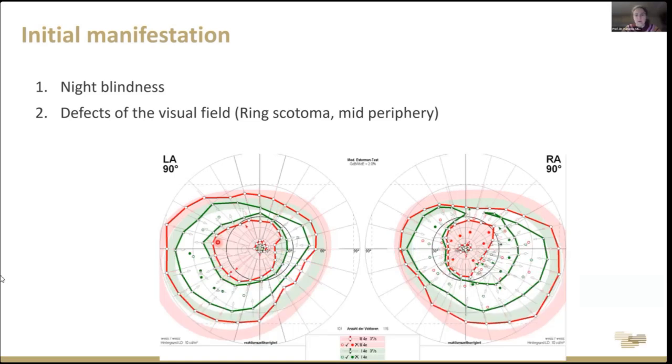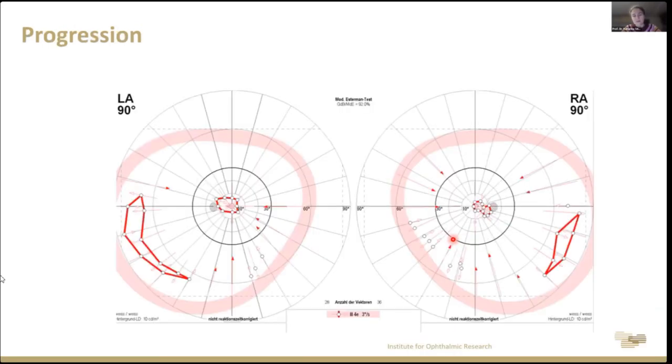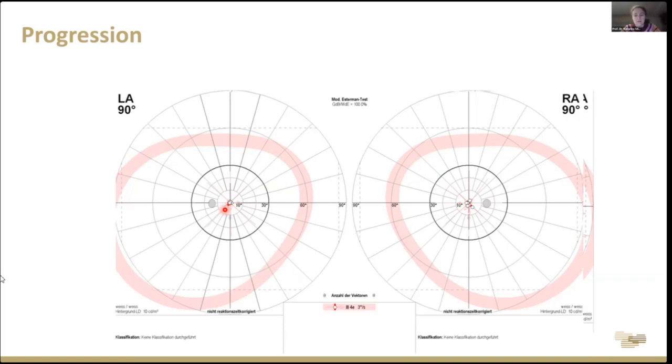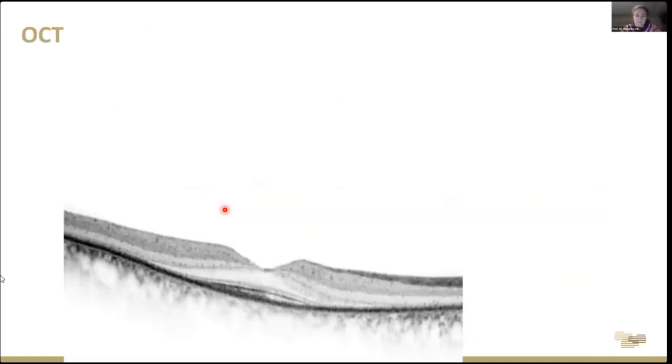This would be an example of ring scotomas, like here, this mid-peripheral involvement, which enlarges then to all sides in later stages, leaving these peripheral islands and central islands, and in the end, then closing the visual field to a very strong constriction and followed by blindness.